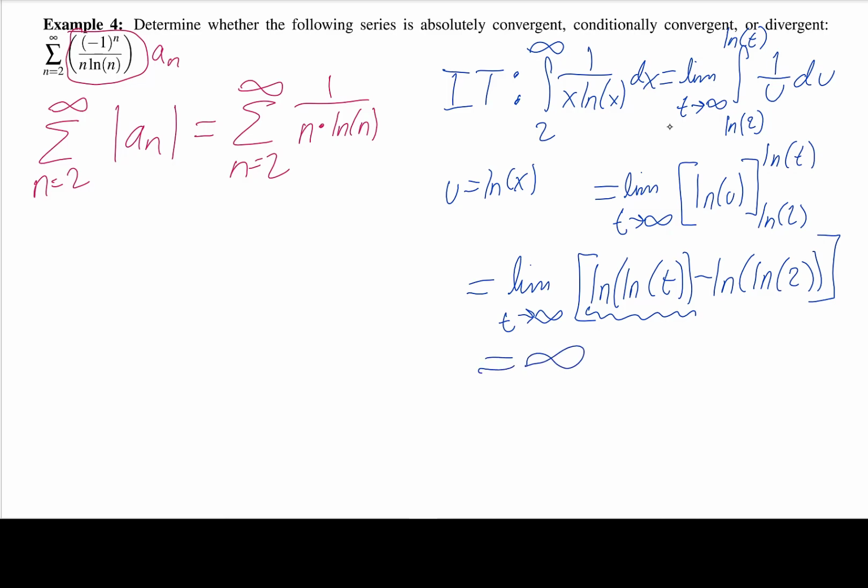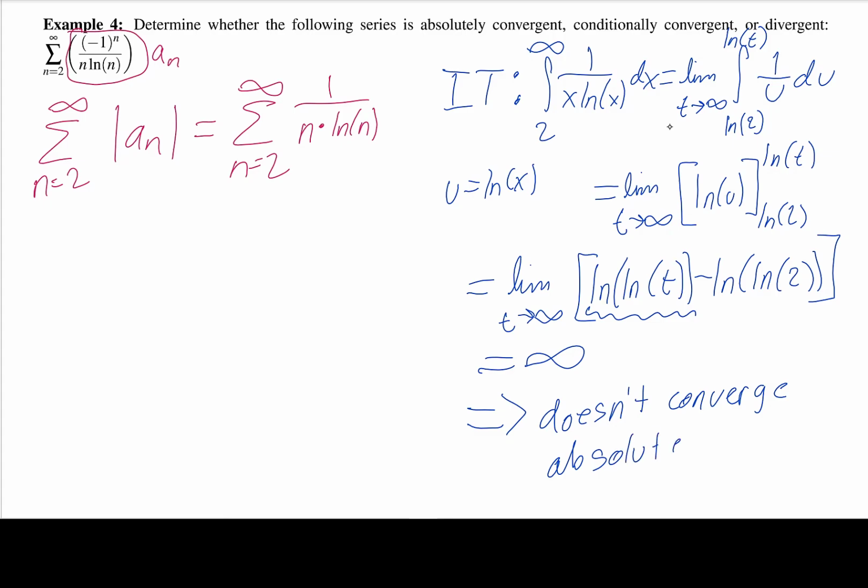And so we get that this integral diverges. And so remember, the integral test says that if this integral diverges, then our original sum must also diverge. So this means that it doesn't converge absolutely.